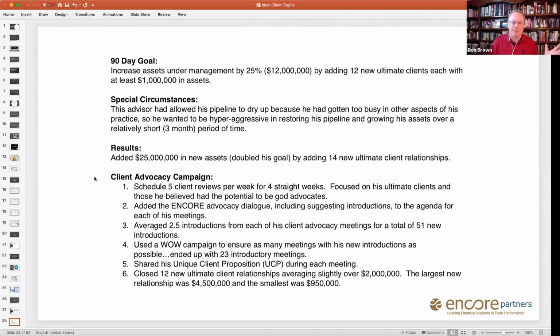But this advisor's pipeline had dried up. And he said, I'm just going to spend the next quarter really focusing on growing AUM. The result was $25 million in assets. He actually doubled his goal, and he ended up with 14 new ideal client relationships, 2 more than he planned for. And the key was he just implemented a client advocacy campaign.